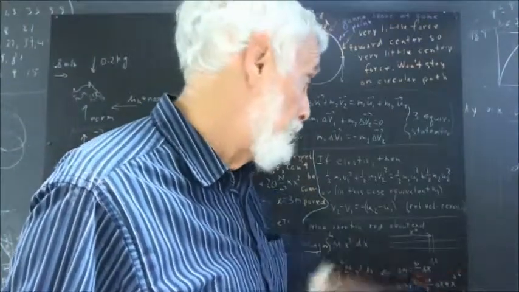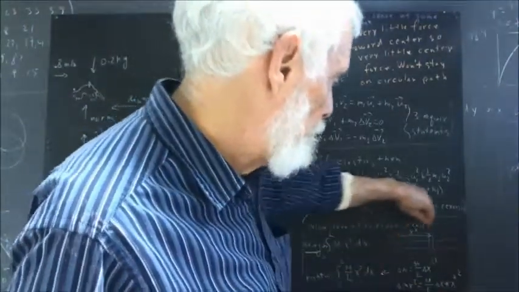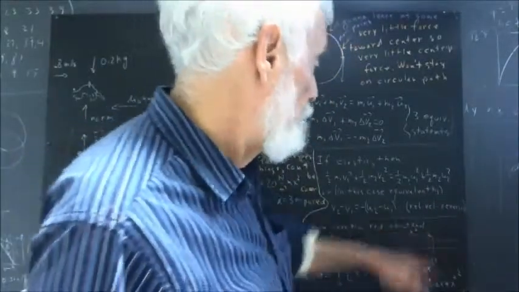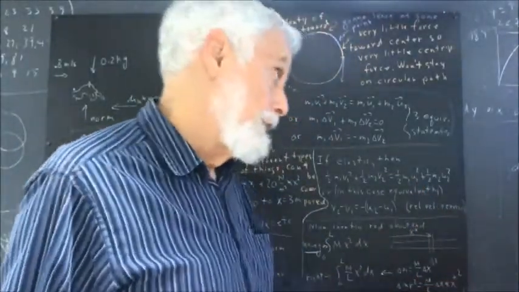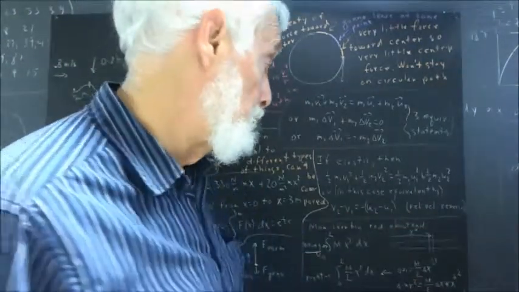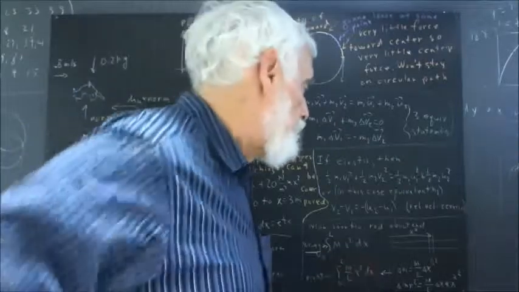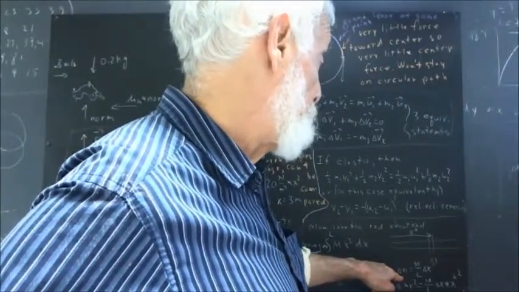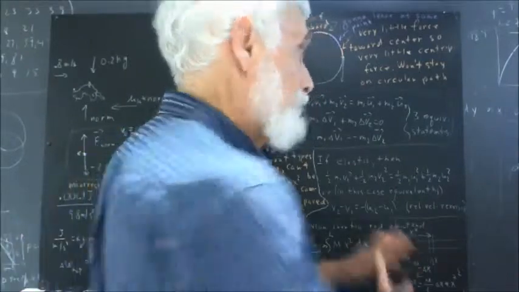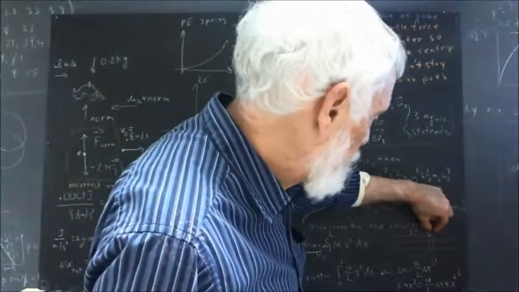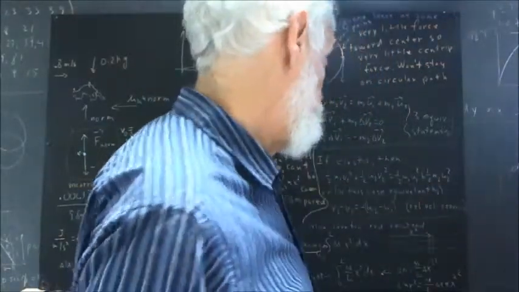We have a typical increment delta x at position x star relative to the end. What's the mass of that increment? What's the contribution of that increment to the moment of inertia? Well, the mass of that increment is in the same proportion to the mass of the total rod as the length of that increment is to the length of the rod.